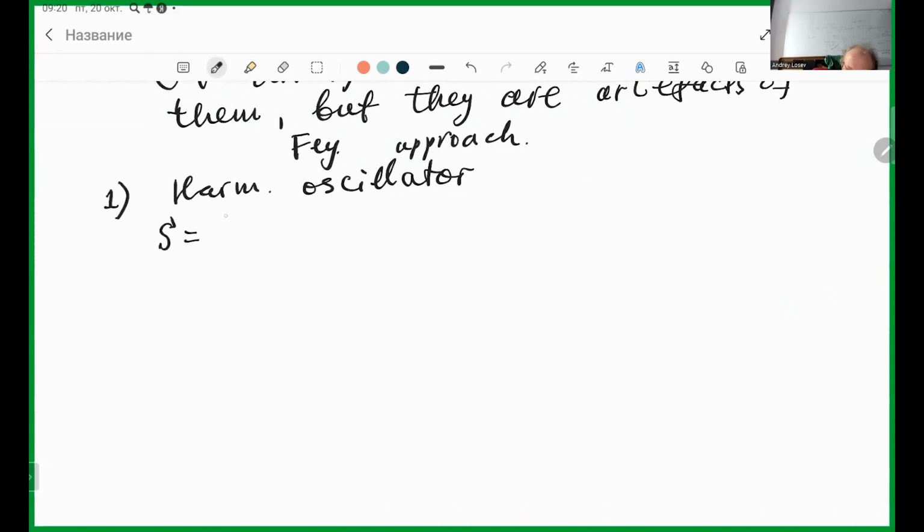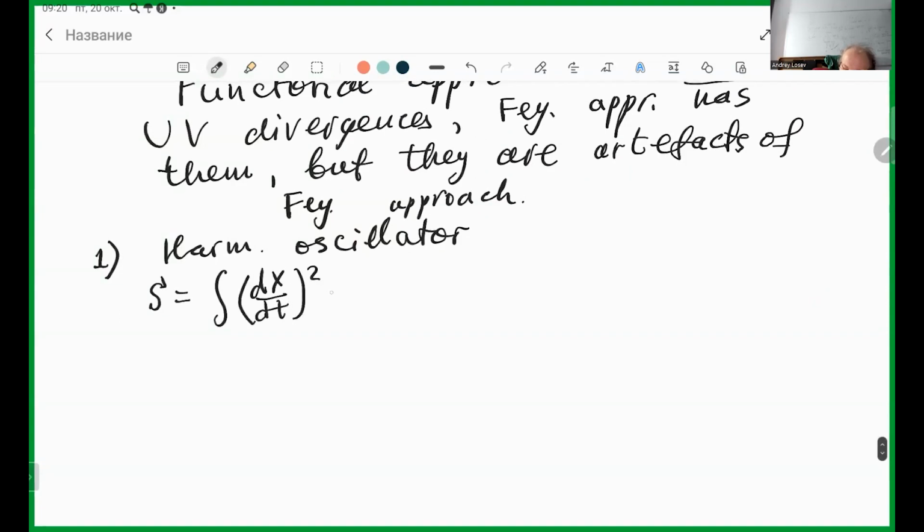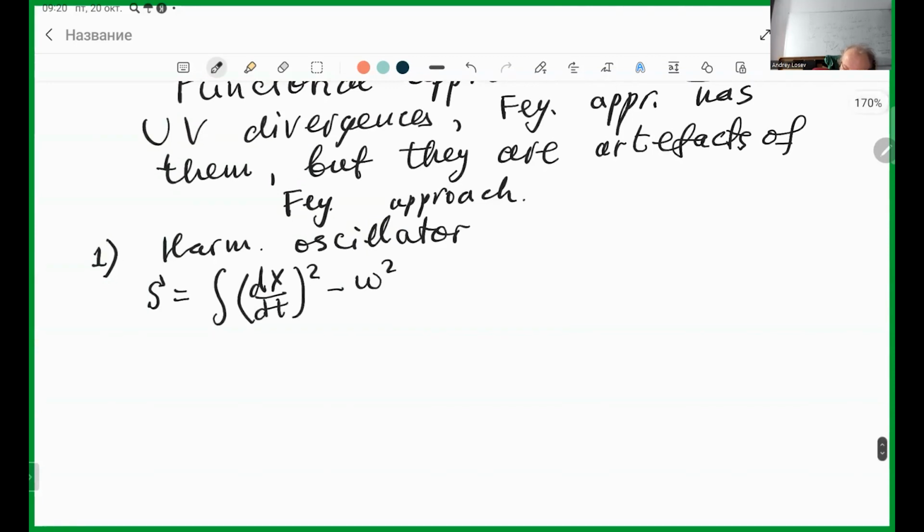I will just remind that action is integral of dx over dt square minus omega square, so it's an action, x square dt.